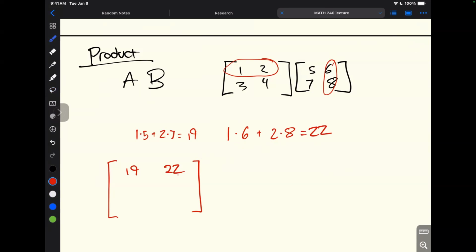And we put that in our next spot in our new result matrix. Okay, we've gotten to the end of the columns in B. So that means it's time to move on to a new row.